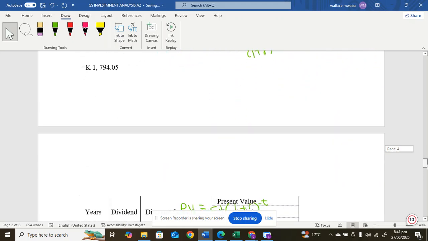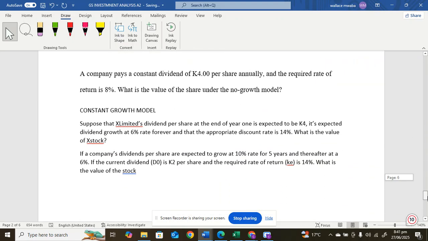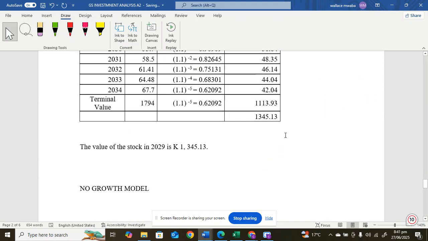So we can make a timeline like this one here. Let me make the timeline. We want to find the value of the shares in 2029, so our year 0 is 2029. Year 1 will be 2030. Year 2 is going to be 2031.